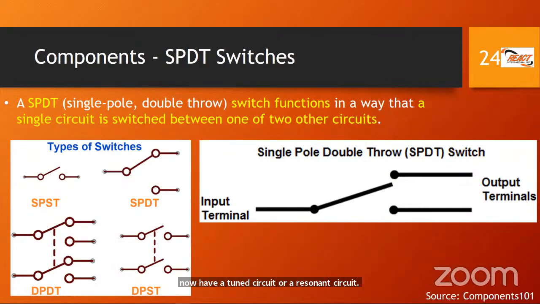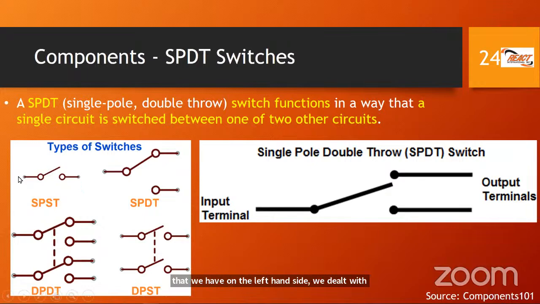All right, so I did promise that we'll come back to switches. We talked about the SPST, or single pole single throw switch. Now we come to the SPDT circuit switch. So what's the difference? The first switch symbol on the left hand side, we dealt with this.